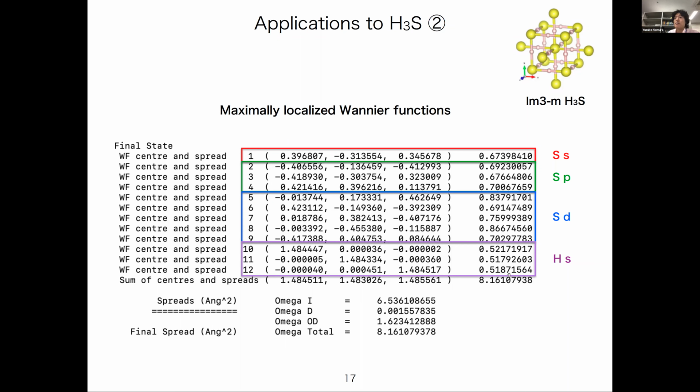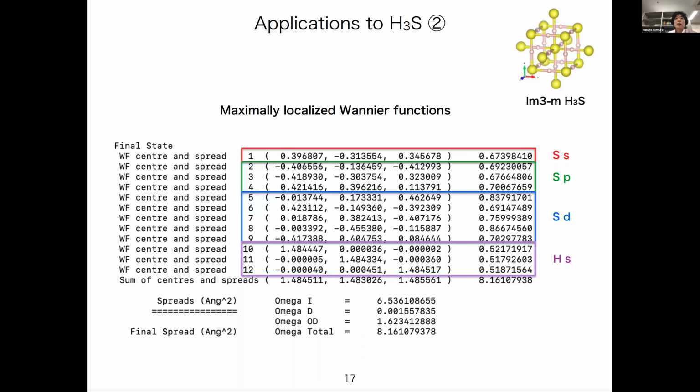Also, the symmetry between the 3 hydrogen s orbitals is broken. In principle, these 3 hydrogen s orbitals should be equivalent if we think about the symmetry, but now the symmetry is broken.